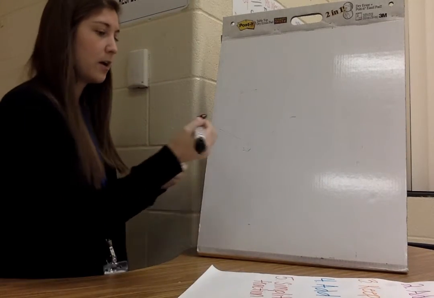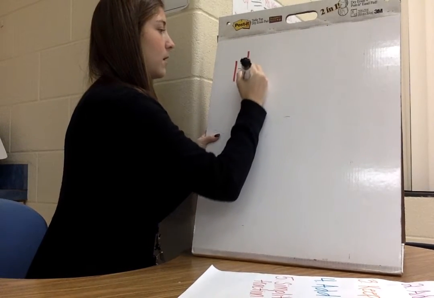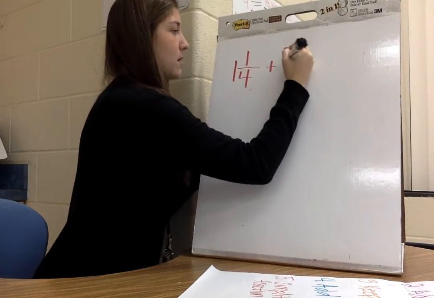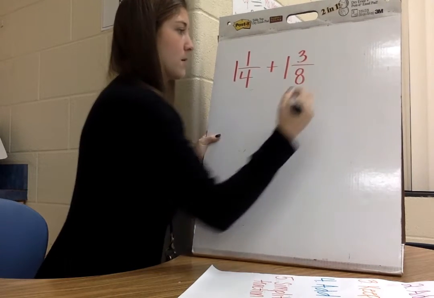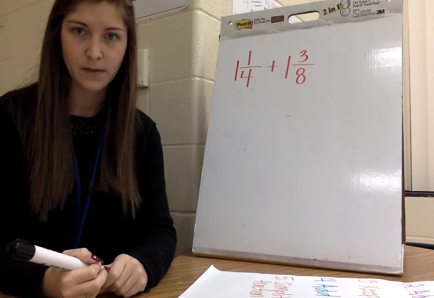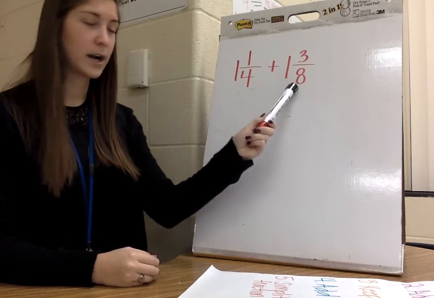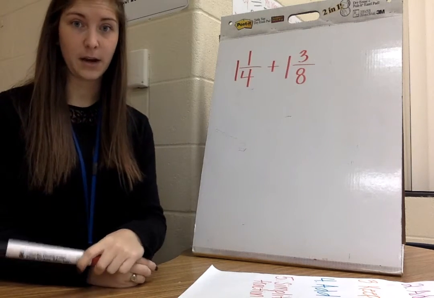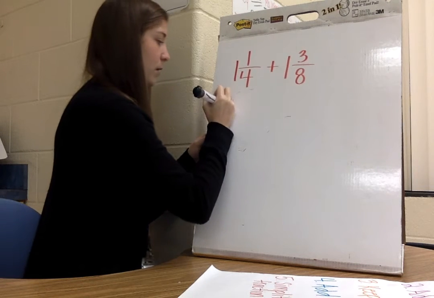So looking at a first problem, (1 1/4) plus 1 3/8. Well, I notice right offhand that 4 and 8 are not the same denominator. So for me, I'm going to list out the multiples of 4.